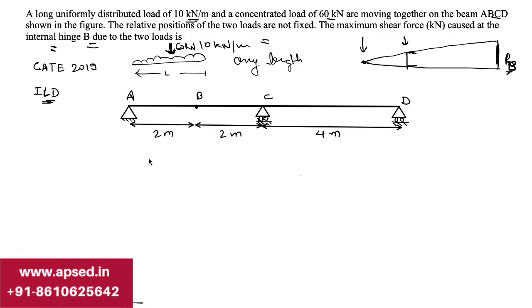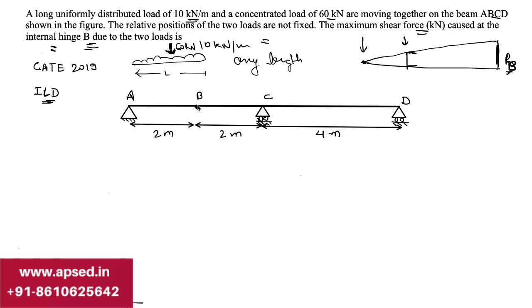That is, the UDL can be acting on this span AB, and this point load can be acting anywhere. It can be here, here, anywhere it can act. That's what it means. Then it is asking for the maximum shear force caused at the internal hinge due to the two loads.